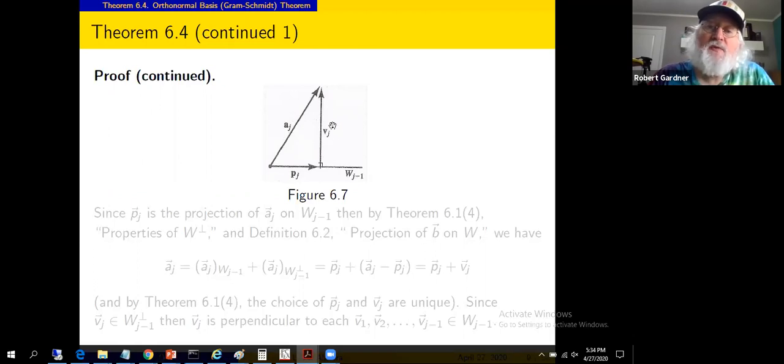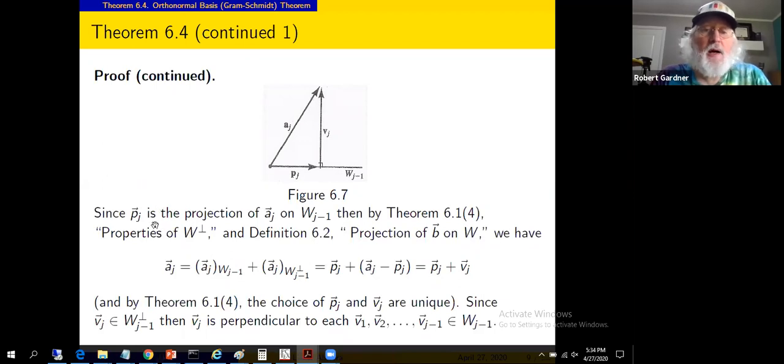Notice this vector v sub j, as humble as this image is, is perpendicular to the subspace W sub j minus 1. v sub j is in the perp space of W sub j minus 1. It's going to play a role in determining the space W sub j, the next subspace. Okay. p sub j is a projection of a sub j onto W sub j minus 1.